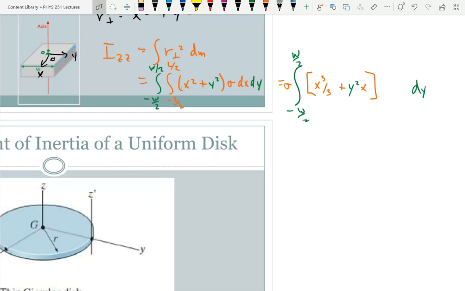Okay, and then I have to put in my limits. So there I did the first integral inside the other integral, and now you take the integral of that with respect to y. Well, I've got to put my limits in first, otherwise I'm going to get confused. Oh, okay, I see what you're saying.